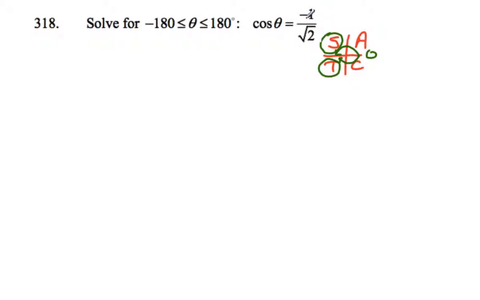Cos is negative, so we've circled in green the quadrants where cos is negative. So all we need now is the basic one there. 1 on root 2 on the exact value gives us 45 degrees as a basic angle. So we need the 45 degrees equivalent of the second quadrant there, and the 45 degrees equivalent for the third quadrant.